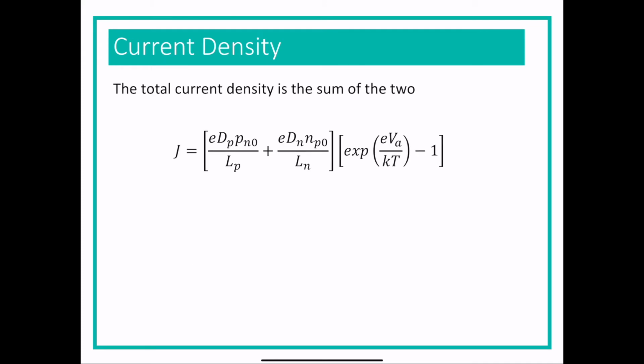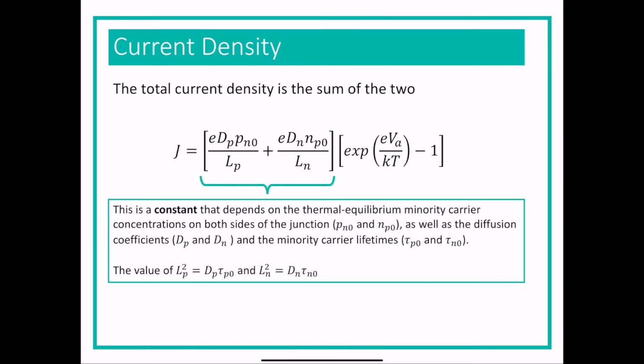So when we add them together, we get this kind of big, long mess. But the large values at the front are all constants.